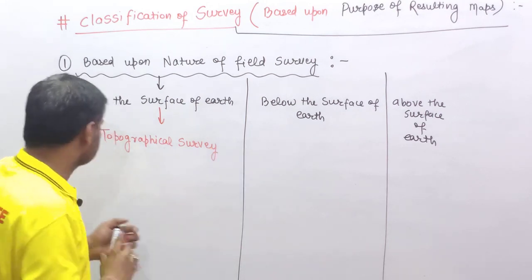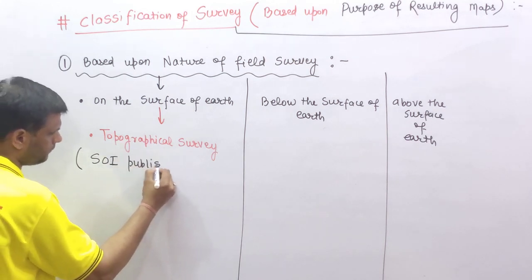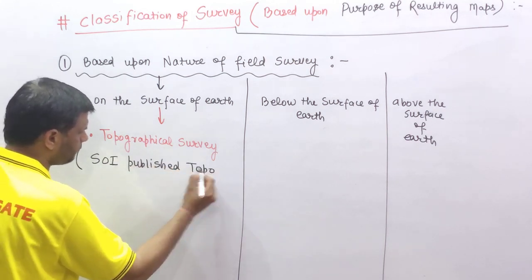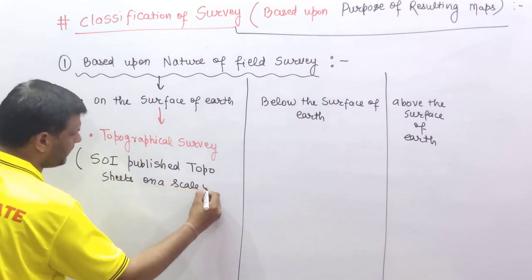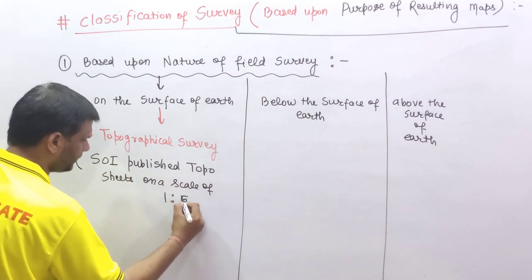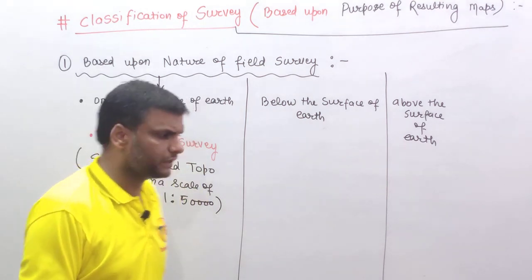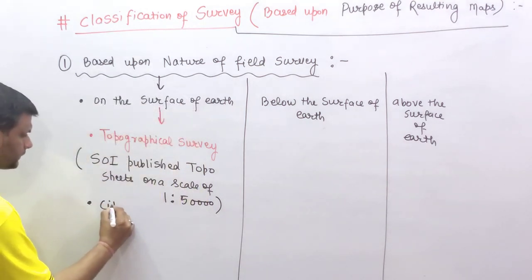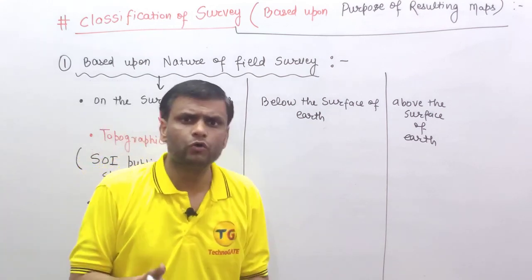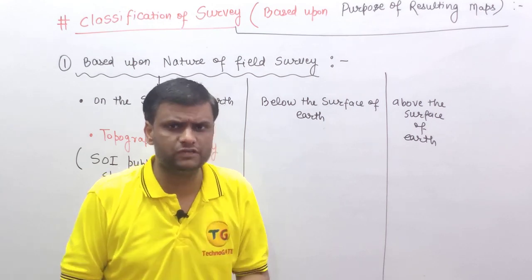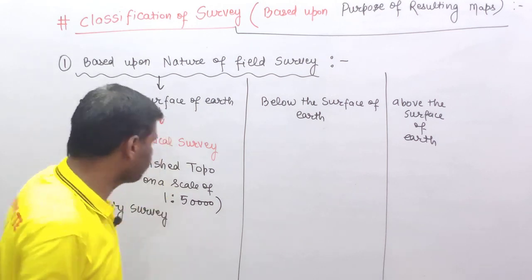Survey of India Department published topo sheets on a scale of 1:50,000. The second one is called city survey. For the sewer line of a city, or the telephone line of a city, if a survey is carried out, that survey corresponds to city survey.